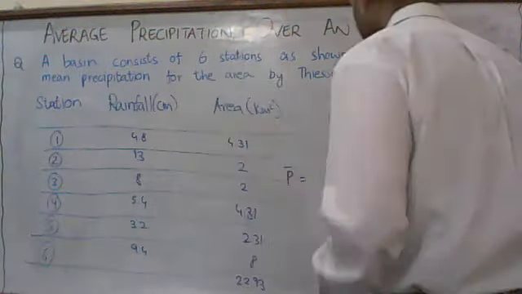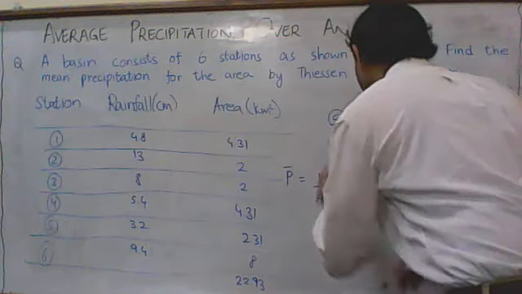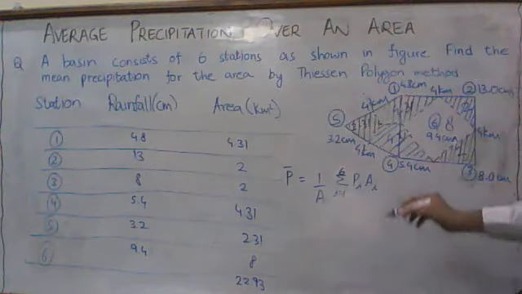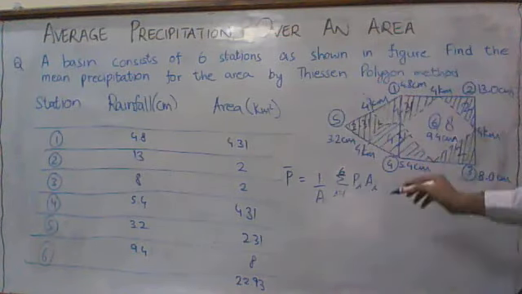In this case, the value of n is 6. So the formula will be P1A1 plus P2A2 plus P3A3 plus P4A4 plus P5A5 plus P6A6, whole divided by the total area A.